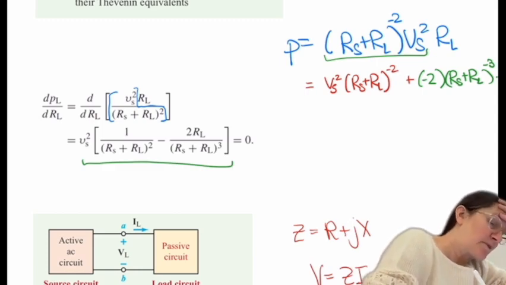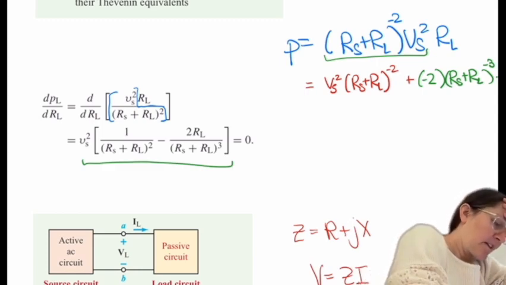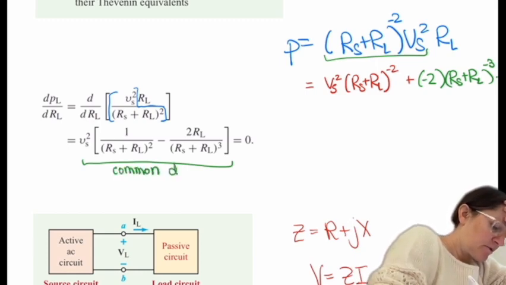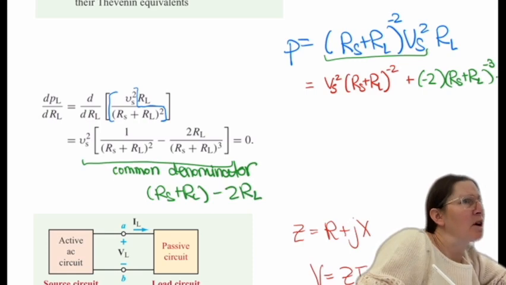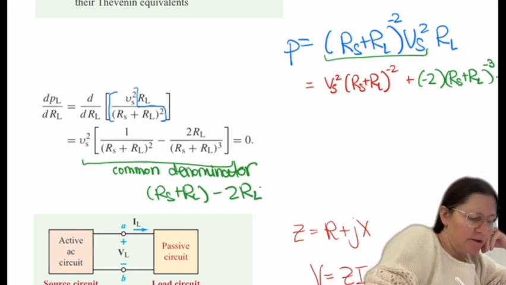So when you get a common denominator there, you have RS plus RL on the top for that one, minus 2RL. And then the bottom all goes over to the 0, so that equals 0.